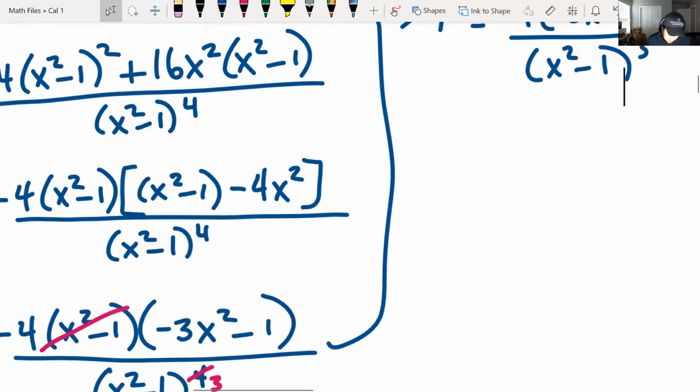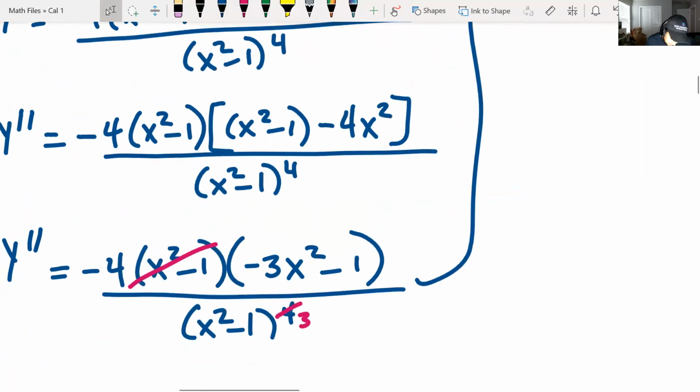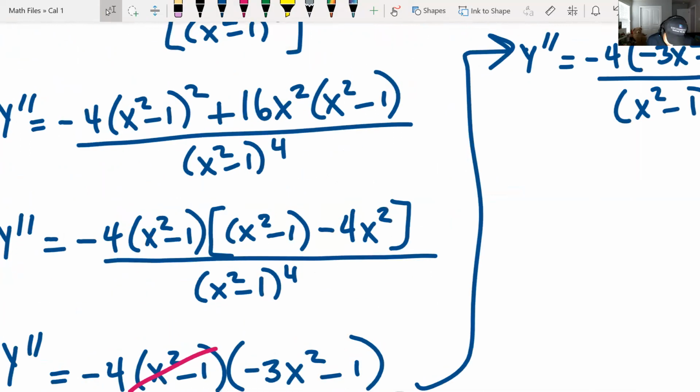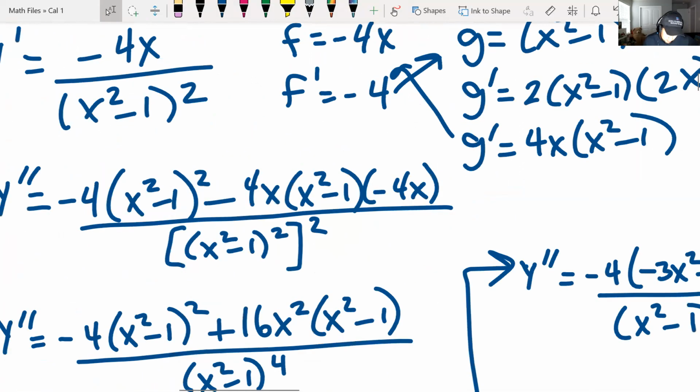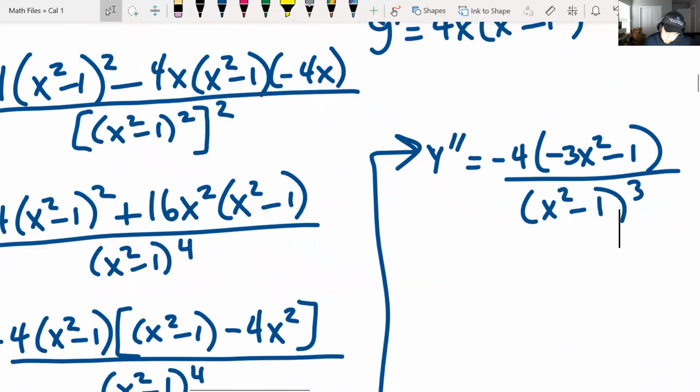Negative 4 times negative 3x squared minus 1 over x squared minus 1 cubed. Making sure I did my algebra right. Don't want to mess up this far. And that derivative, negative 4. Okay, looks good, looks good.